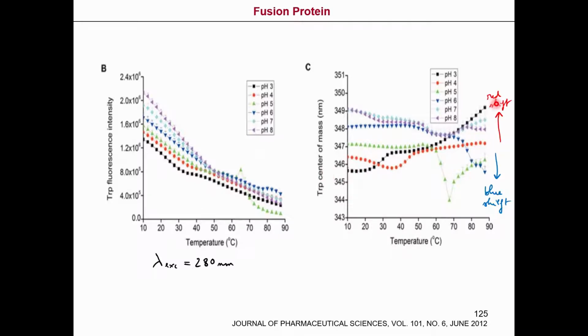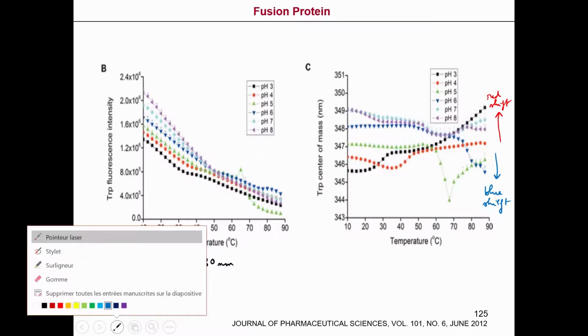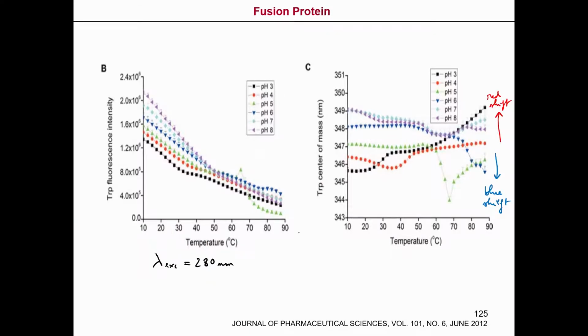Okay? But at pH 5, we observe a blue shift at 50, 60 degrees. What happened here?